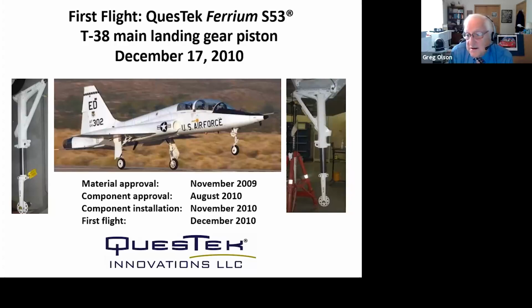But more significant, it represented the first fully computationally designed and flight qualified material to go all the way to flight. And that was just in December of 2010. So that really measures a high level of maturity of this technology even before the national MGI was created.